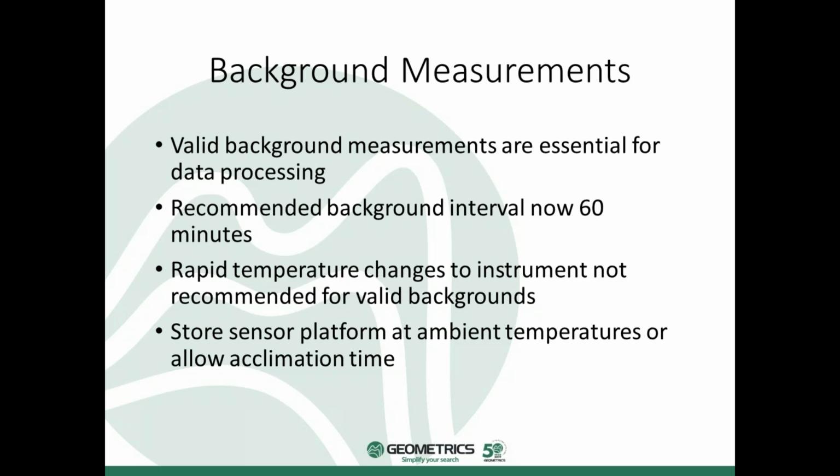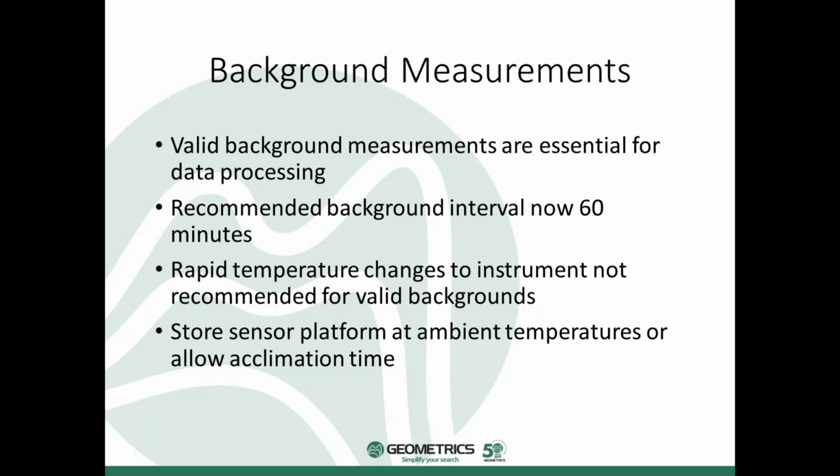So on previous NAOC calls and in other discussions, some people have listed this as background drift, although Geometrics disagrees a bit with that label, as we want to remind the users that this is not a metrology instrument, and there's no recognized standard for EMI units.